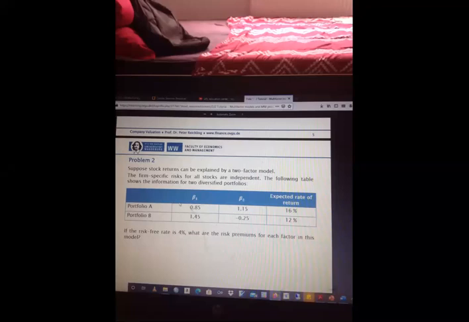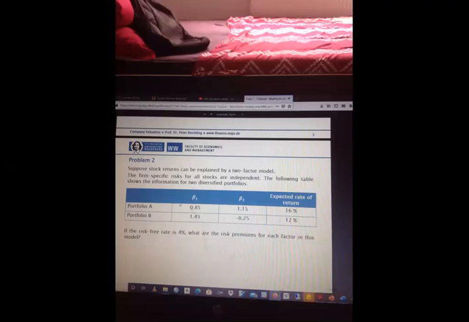Suppose the stock return can be explained by a 2-factor model. The firm-specific risks of all stocks are independent. The following table shows the information. That is all the information we've been given. Stock A has a beta 1 of 0.81 for factor 1 and beta for factor 2 at 1.15, and expected return rate is 16%. If the risk-free rate is 4%, what are the risk premiums for each of the factors in the model?